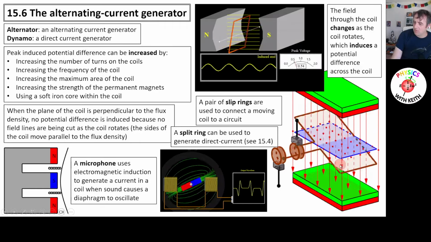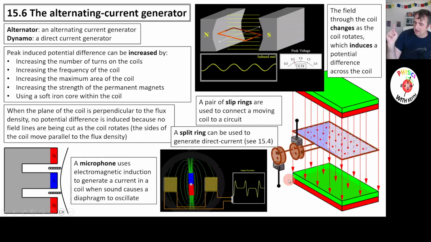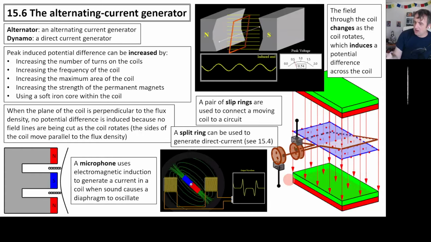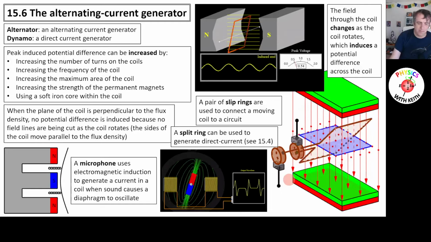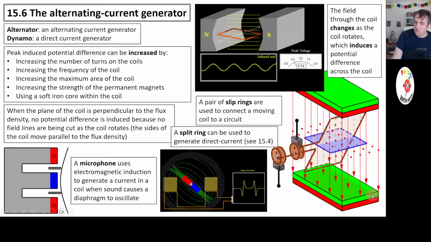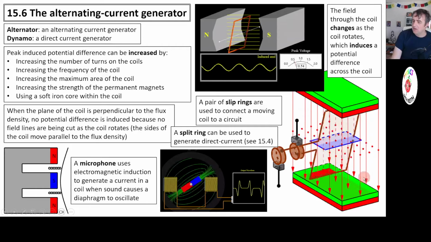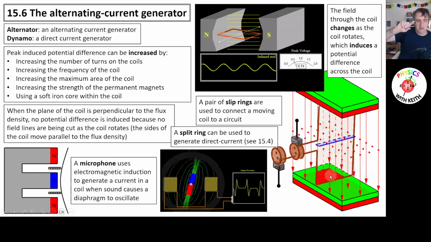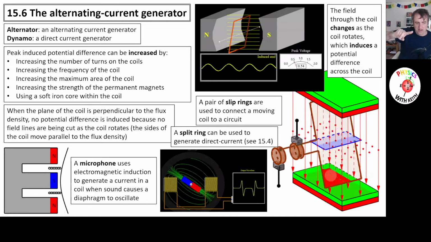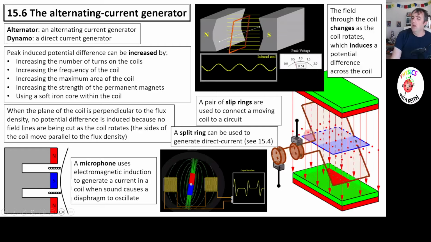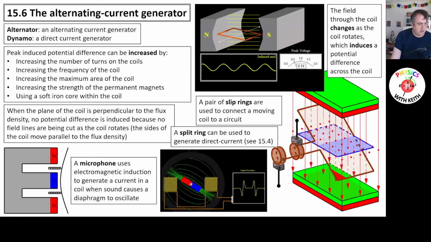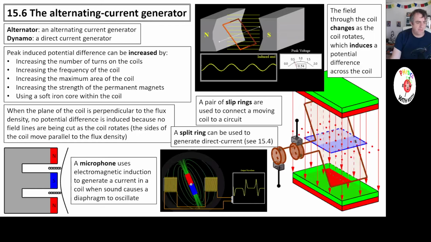So if you look at this diagram on the right, at those times there's actually no potential difference induced. It's also when, if you're looking at the AC waveform, the potential is switching polarity. Right, okay, that is complicated stuff.